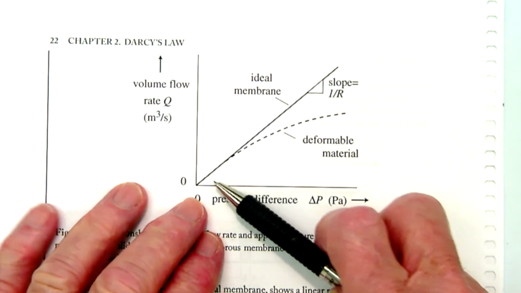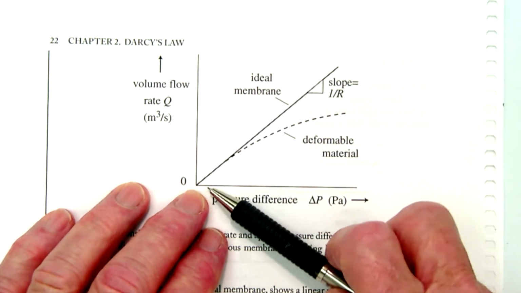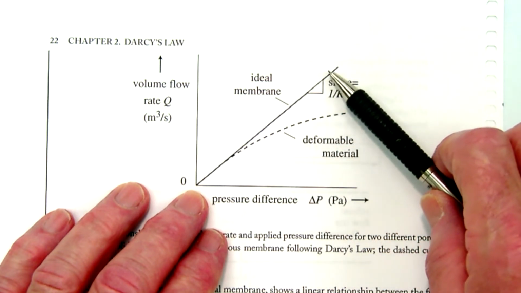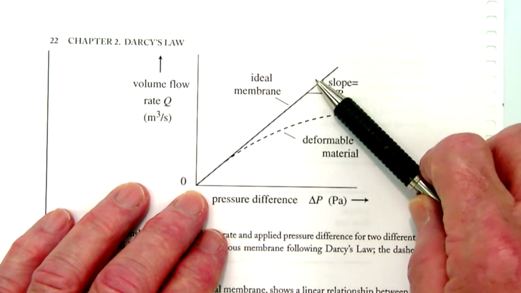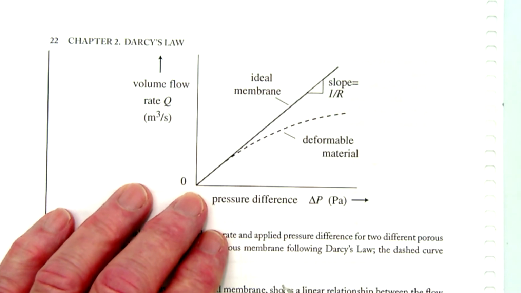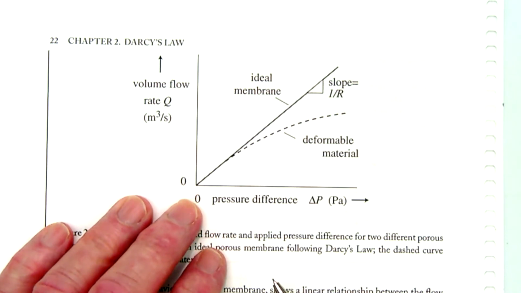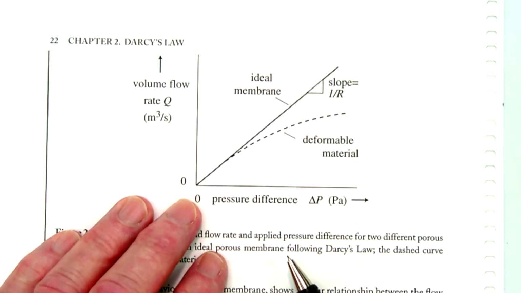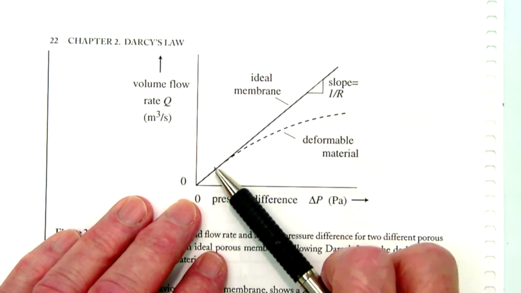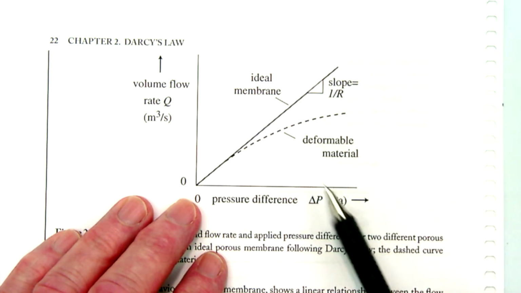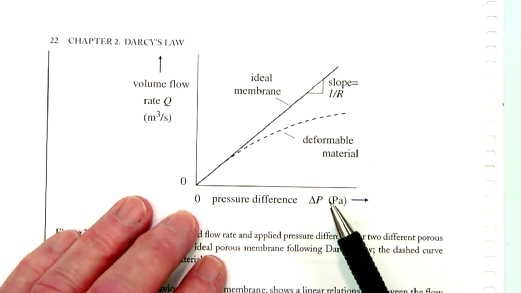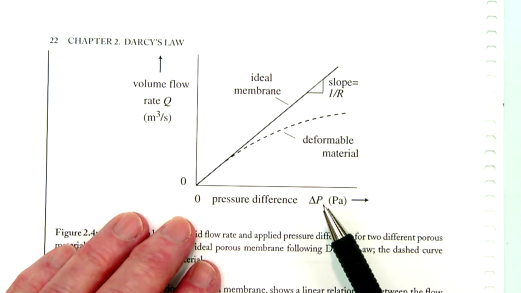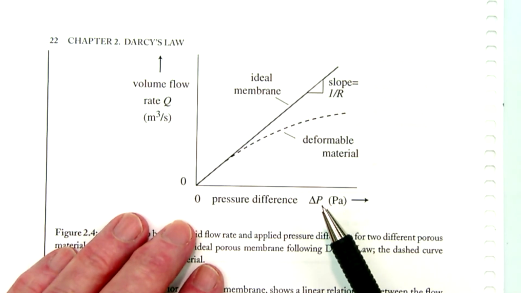For an ideal membrane, notice that the higher the pressure, the higher the flow Q in a linear fashion here. If the membrane is deformable, though, you're going to have a curve that looks something like this, because the higher pressure is going to squeeze off some of the pores in the membrane, and you're going to get less flow through for a given pressure.